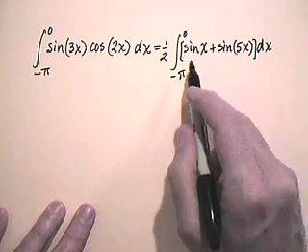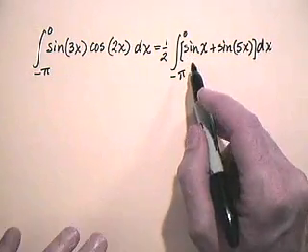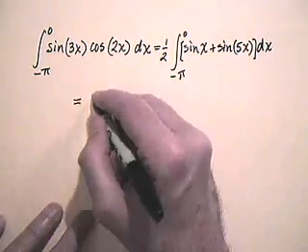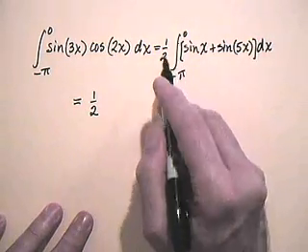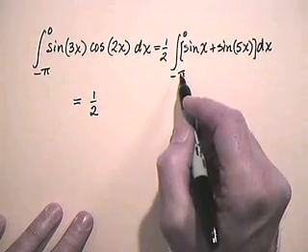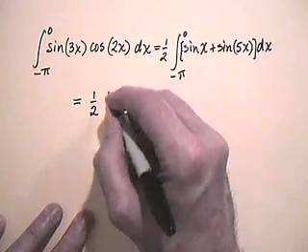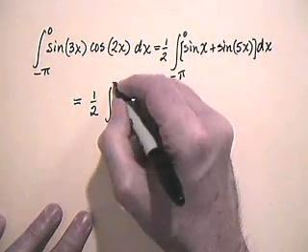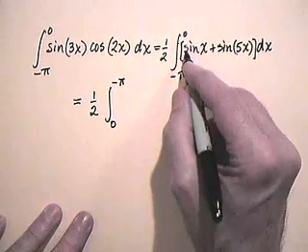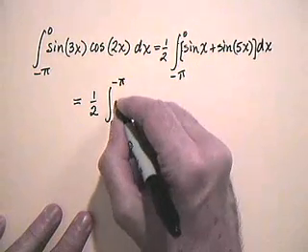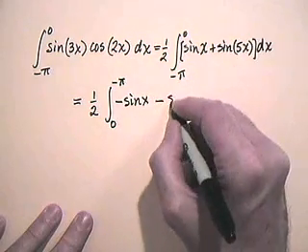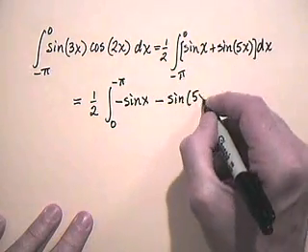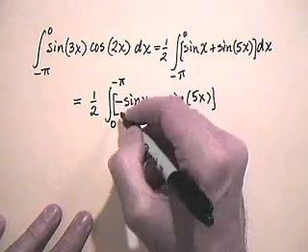Well, that is an easy integral to do, and what I will do is say that is 1/2 times the negative of the integral from 0 to negative pi, and put the negative sign inside the integral. So I have negative sine x minus sine of 5x.